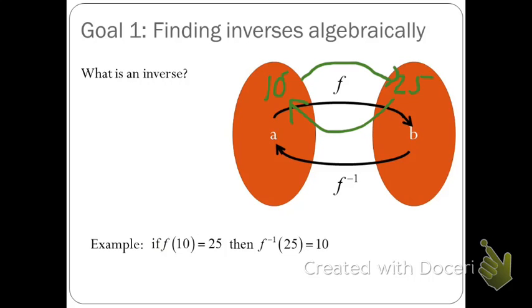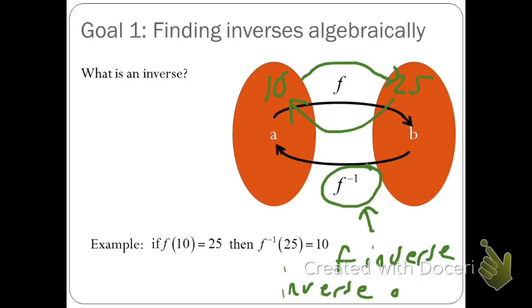Now I want to make sure I make a note about the notation you use whenever you're referring to an inverse, because what it looks like is f to the negative first power, but that's not really an exponent right there. Anytime you see the name of a function followed by that negative one that looks like an exponent, the way you read that is f inverse, or the inverse of function f.